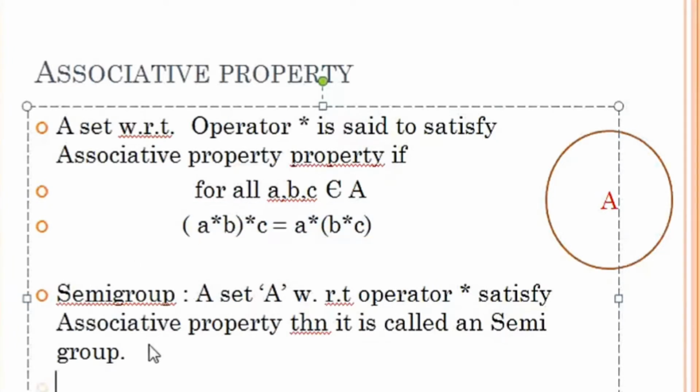Let's see natural numbers with respect to addition. Let's take any numbers. Whether addition is going to make a difference, what you do first and what you do next, it doesn't matter for addition, right?